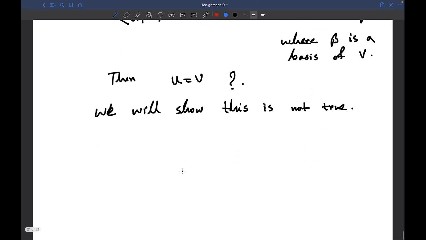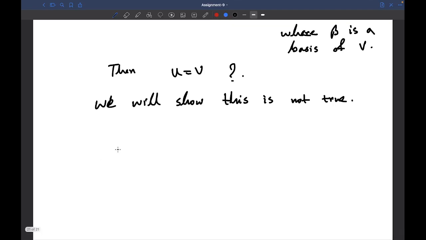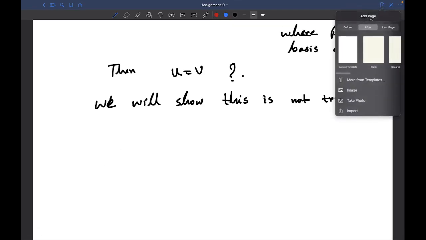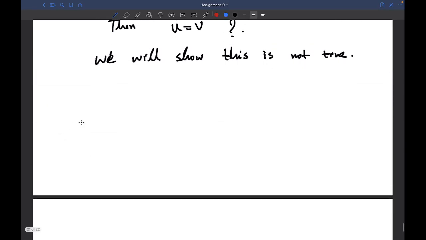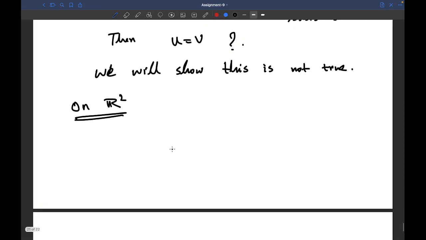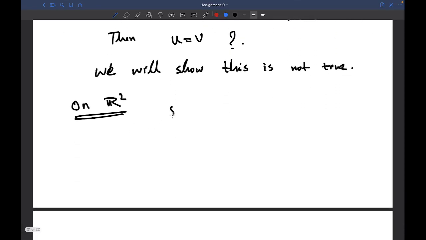So we will show that this is not true. Let's check this. For example, let's do it on R2. On R2, we take (1,0) and (0,1).